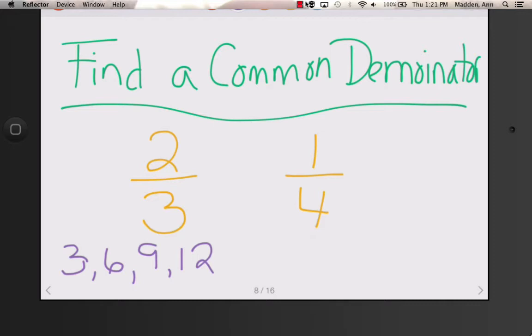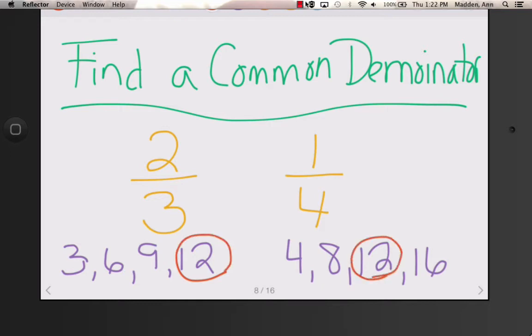I can also start listing the numbers counting by 4. I need to then look to see what they have in common. 3, 6, 9, 12; 4, 8, 12, 16. They both have 12 in common. So 12 is going to be my common denominator.